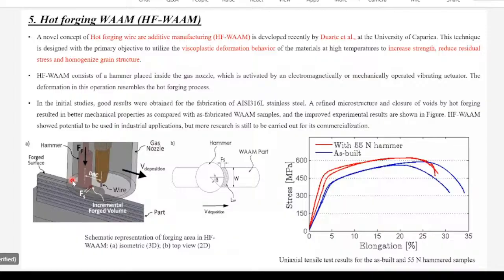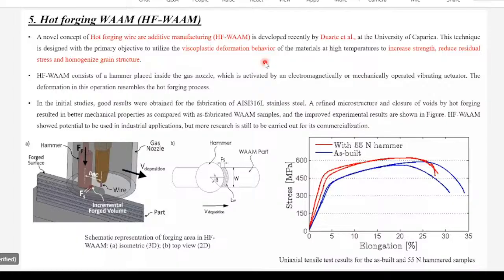This is the novel concept of hot forging WAM developed by this author, University of Caprica. This technique is designed with the primary objective to utilize viscoplastic deformation behavior of the material at high temperatures to increase strength, reduce residual stresses, and homogenize grain structure.